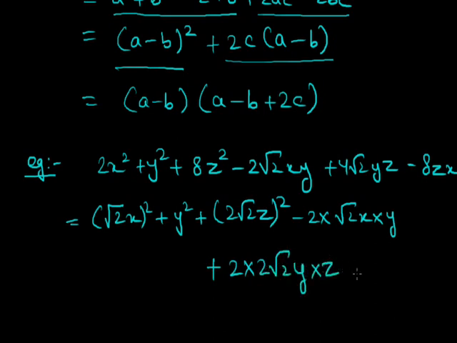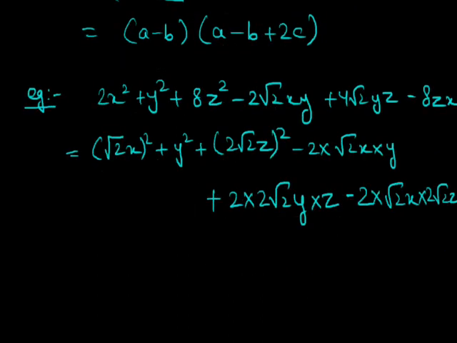And in the same way, minus 8zx can be written as minus 2 into root 2 x into 2 root 2 z. So we have written it in the form of a square plus b square plus c square minus 2ab plus 2bc minus 2ca.